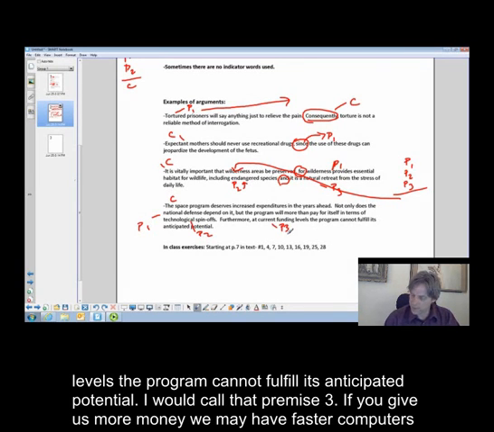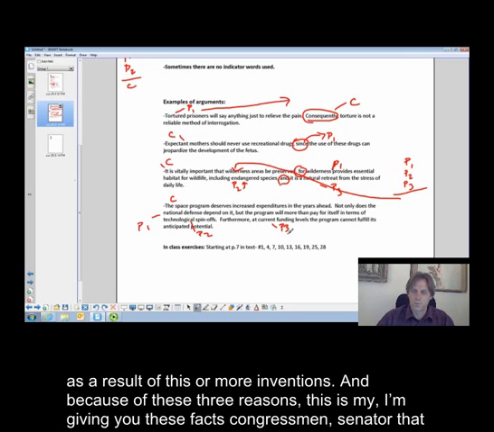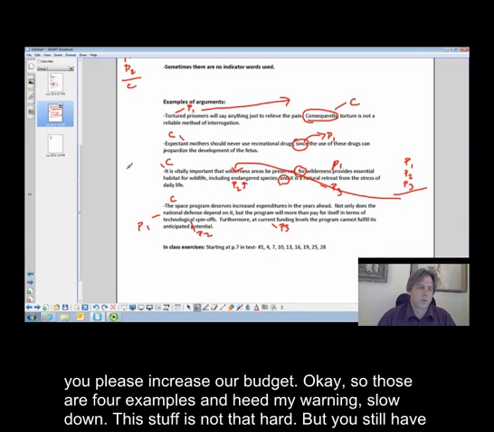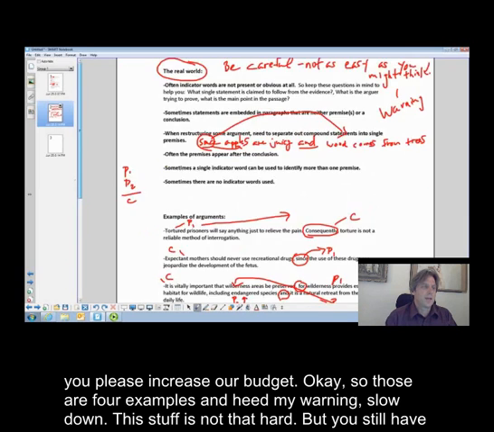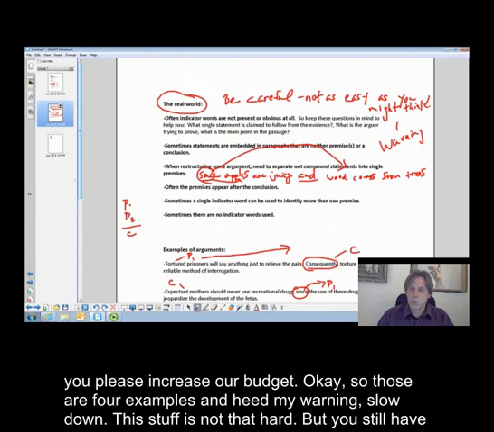I would call that premise 3, is if you give us more money, we may have faster computers as a result of this, or more inventions. And because of these 3 reasons, I'm giving you these facts, Congressman, Senator, that you please increase our budget. Okay, so those are 4 examples, and heed my warning, slow down.